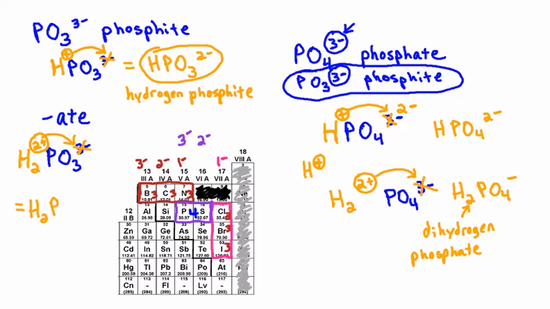So H2PO3 with just a negative charge is going to be called dihydrogen phosphite, because the ite stays the same because it still only has 3 oxygens to it.